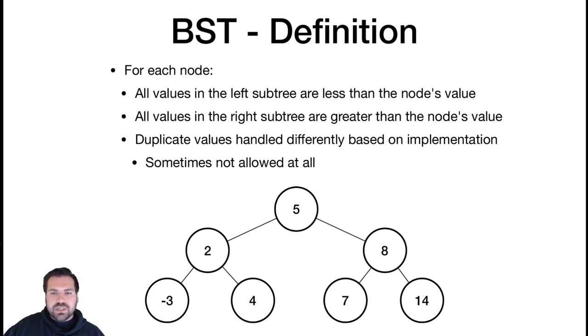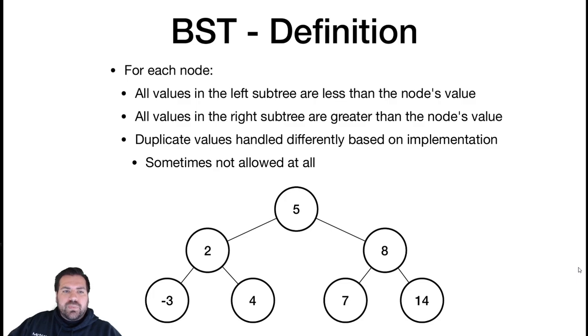A binary search tree is a tree where, for every single node in the tree, all of the values in its left subtree are less than that node's value. So if I take any node and look at all of the values in the left subtree, they'll all be less than. All values in the right subtree are greater than, and this applies to each node. This node, the same is true. This node, the same is true.